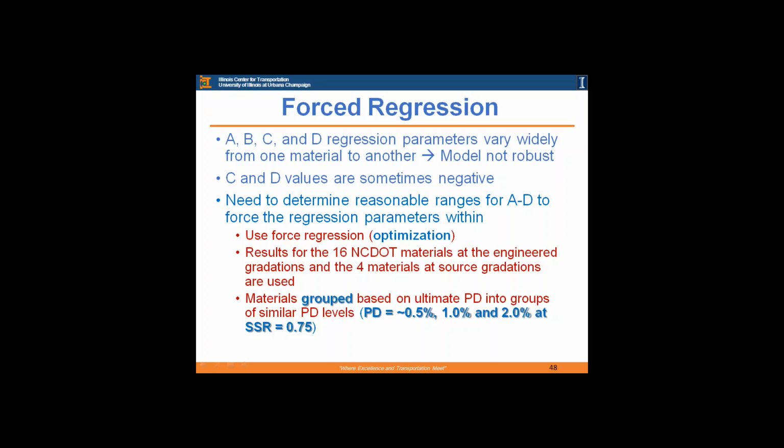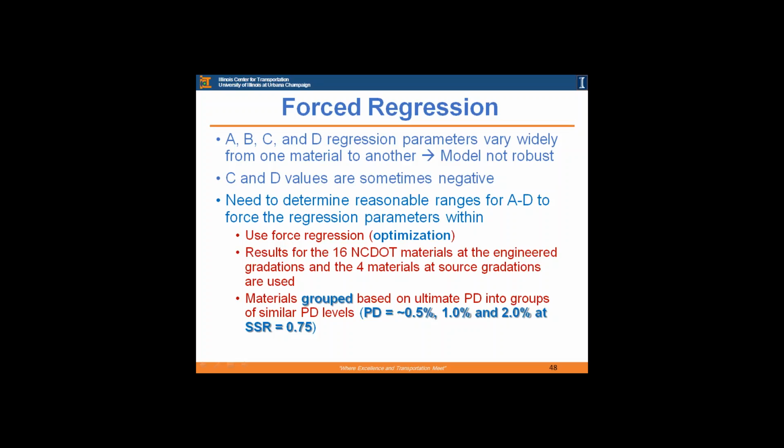In order to do that, we used forced regression, but before that, we were trying to see what regions are actually appropriate for the ABCD values to fall within. In order to determine the appropriate regions, we did several analyses, but we ended up choosing this one as the most appropriate and the one giving the best results.